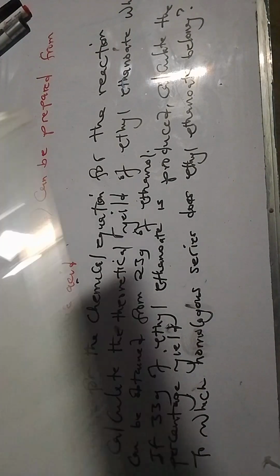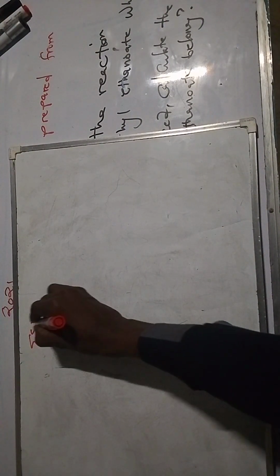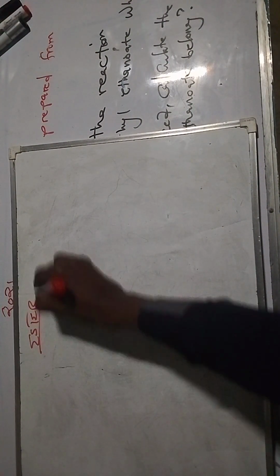Just a brief part on esters. We understand that esters are formed when a carboxylic acid reacts with an alcohol, and each time these two react, an ester will be produced as well as water.